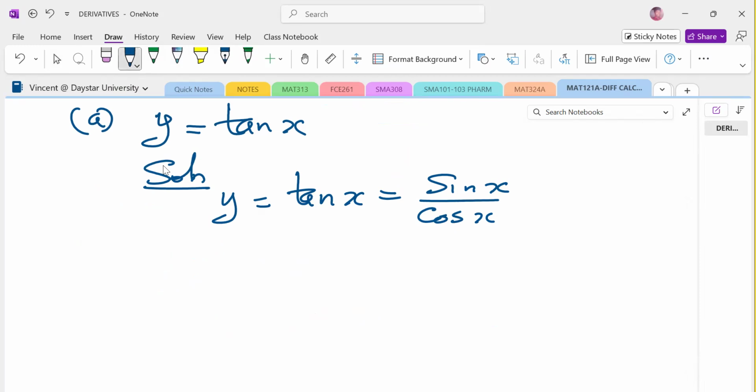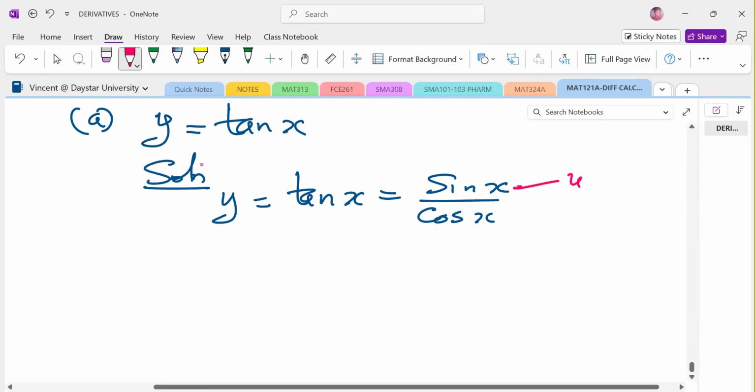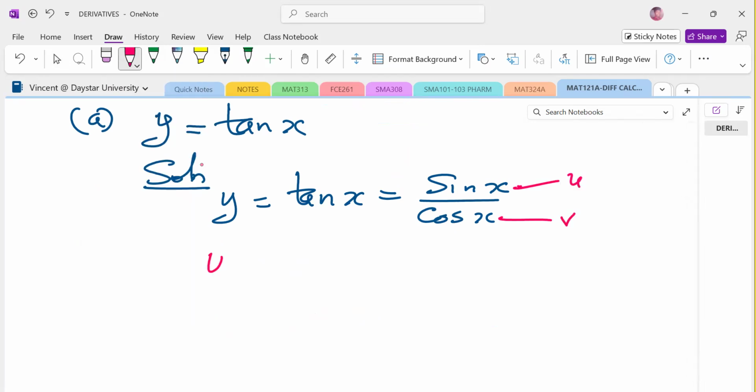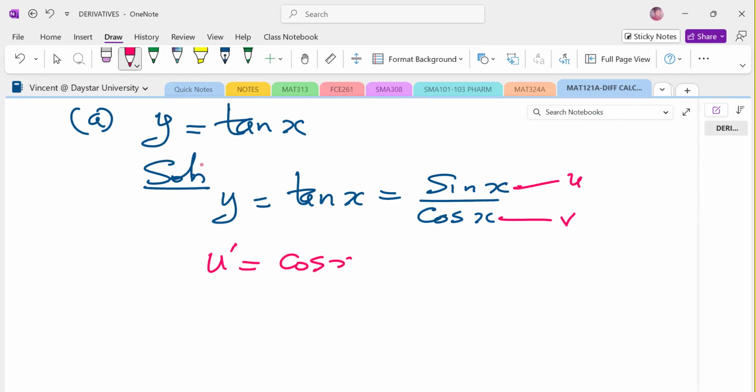So you let this be u, let this one be v. So u prime will be cos x, and v prime is minus sine x, correct.